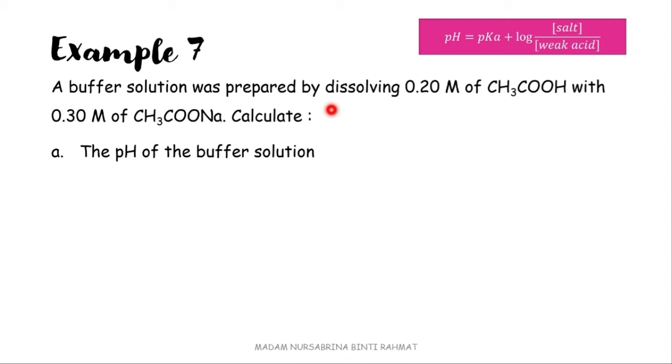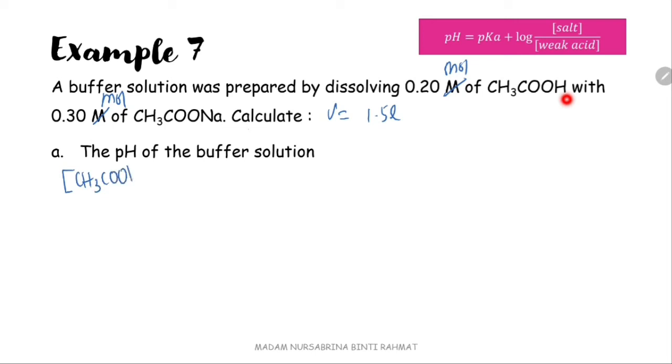So let's first calculate the pH of the buffer. They give you the amounts in moles, 0.20 mole as well as 0.30 mole. The volume of the buffer solution is 1.5 liters. That means you need to calculate the concentration of both your weak acid and your salt.